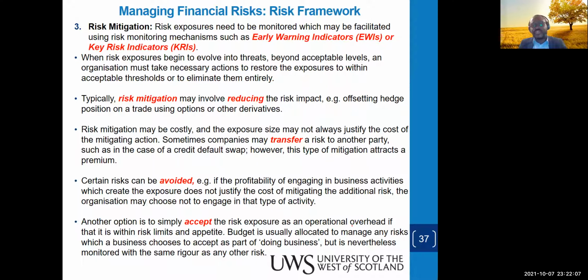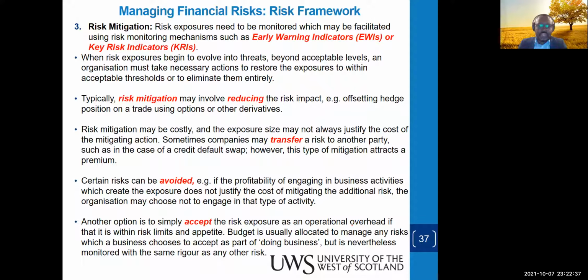We should normally use risk monitoring mechanisms such as the early warning indicators (EWIs) or the key risk indicators (KRIs). We've looked at this in terms of mitigation after we've assessed the threats. What we have to do is to put in place measures to mitigate and reduce the impact. So it could be to reduce the impact altogether, offsetting the effect.